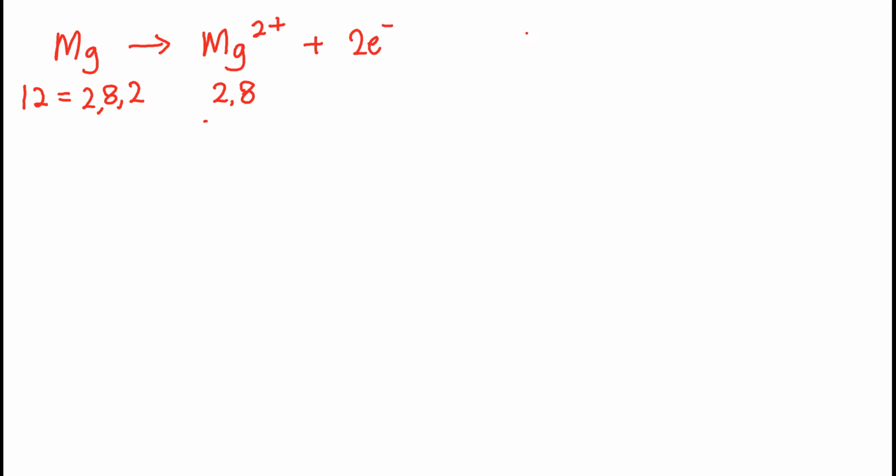On the other hand, the fluorine atom receives an electron to become a fluoride ion. Fluorine atom originally has an electronic structure of 2, 7. By receiving an extra electron, it becomes 2, 8. So the electronic structures of Mg2+ and F- are exactly the same.